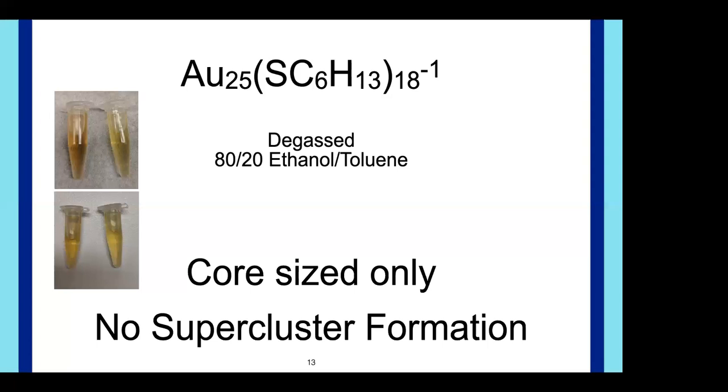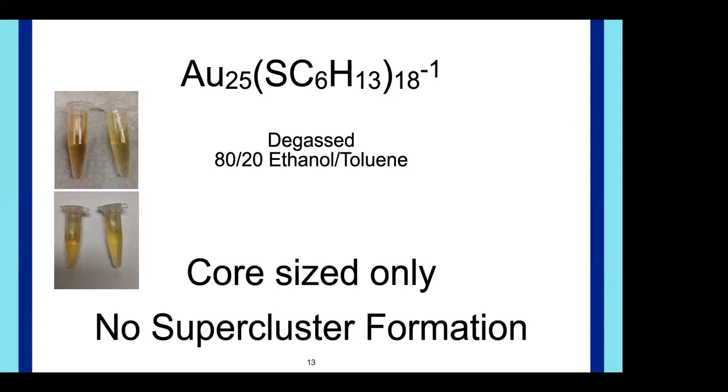There's a couple ideas as to why it might be like that. First of all, if this is based on a gold-gold interaction for these agglomerations, you could have the electrostatic repulsion of being a -1 core. More likely, because it's in the -1 charge state, this has a counter ion, which is tetraoctyl ammonium, which is a very, very bulky ligand covering an entire half of one of the surfaces, or an entire side, if you could think of it as a cube, kind of.